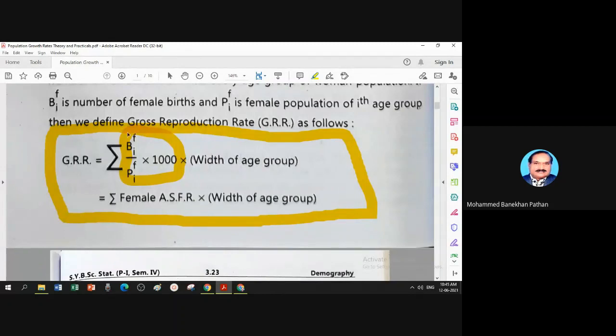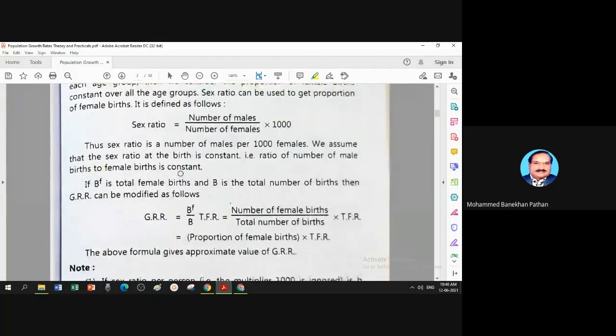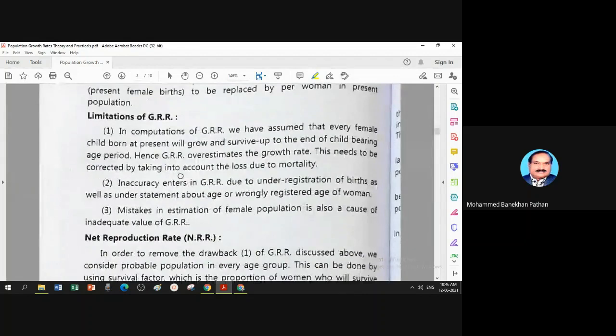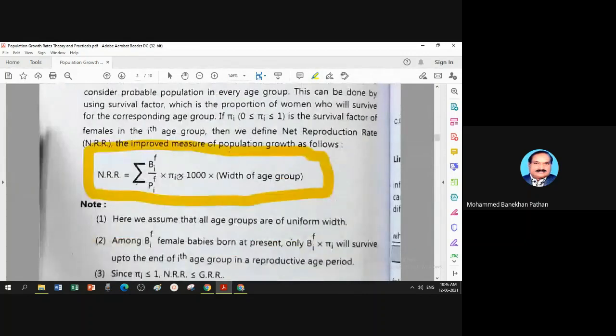This yellow circle is nothing but the age specific fertility rate for females, multiplied by width. This formula and NRR have very small change; that is the drawback of GRR overcome by NRR.